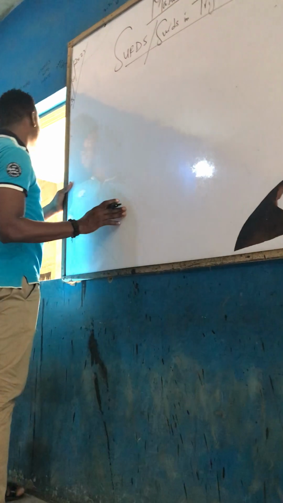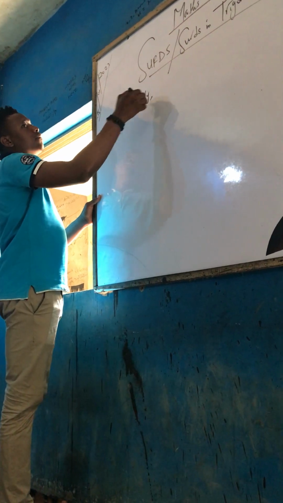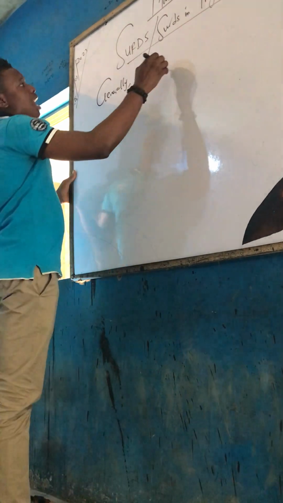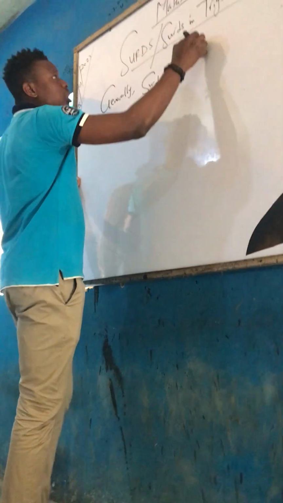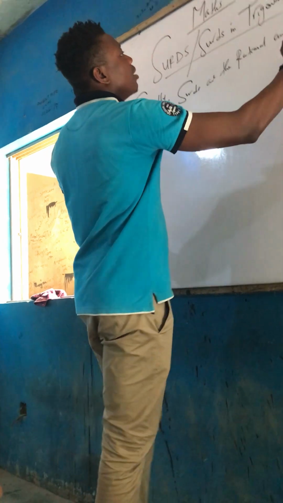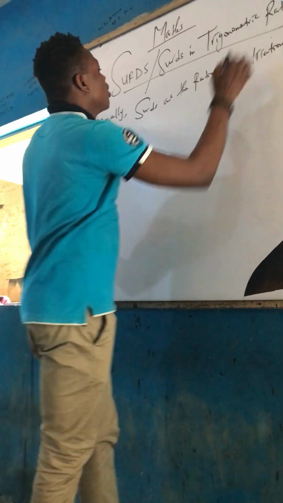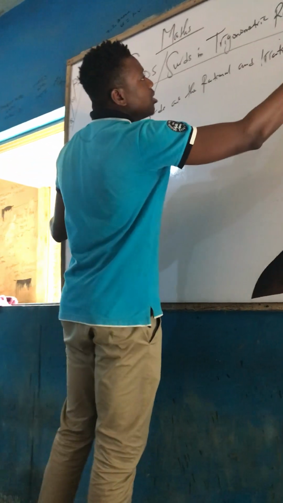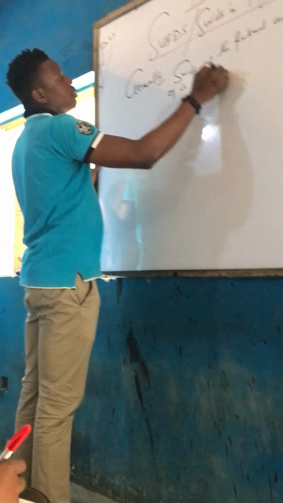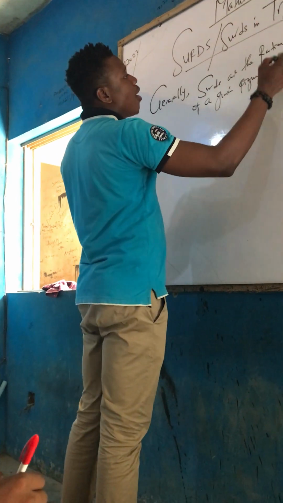All right, so generally, surds are the rational and irrational roots, such as the rational and irrational roots of a given figure or variable.